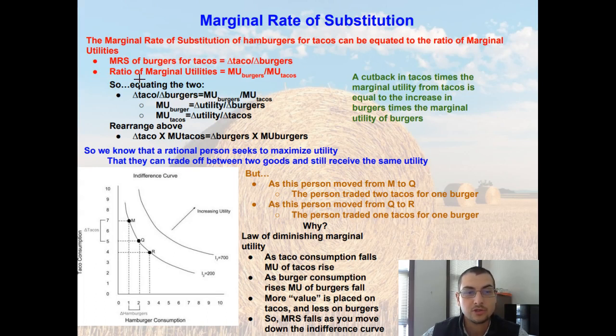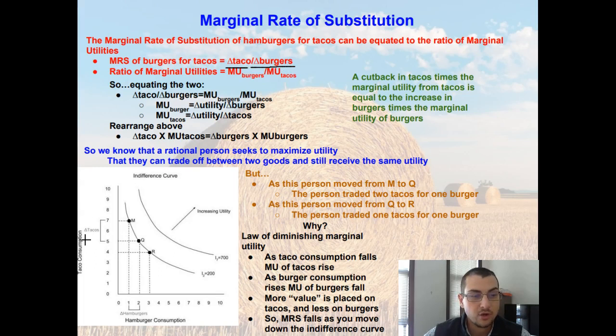Well, that ratio looks at the marginal utility of burgers to the marginal utility of tacos. It's looking at a ratio here. What is basically the change in utility, the additional utility of the burgers versus the additional utility of these tacos? That marginal utility. And if we remember, that marginal rate of substitution of burgers for tacos is equal to the change in tacos divided by the change in burgers.